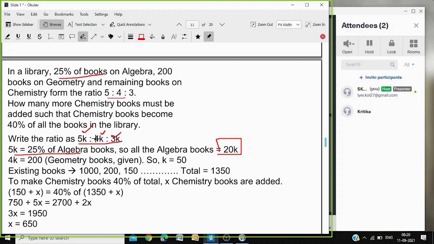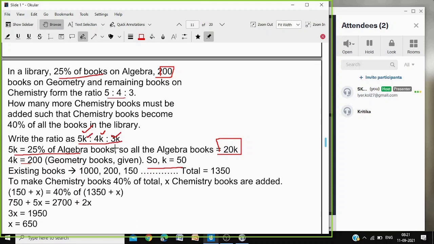Next, 4k is the geometry books, which is given to be 200. So 4k is 200, or k is 50. When k is 50, you get all the ratios. So 5k becomes 5 into 50, 4k becomes 4 into 50.